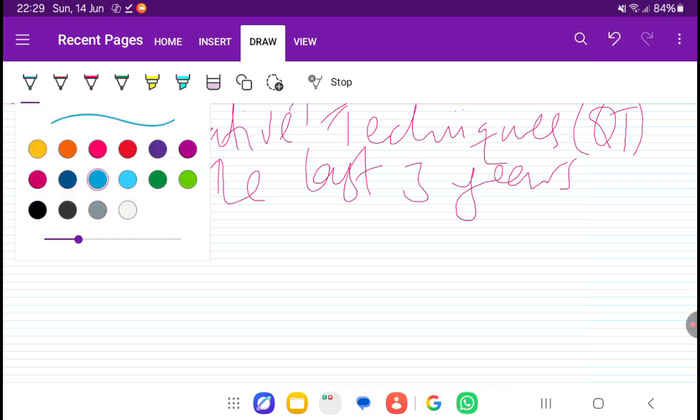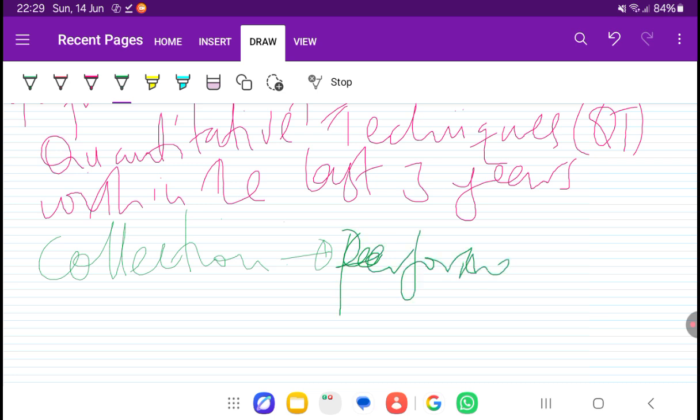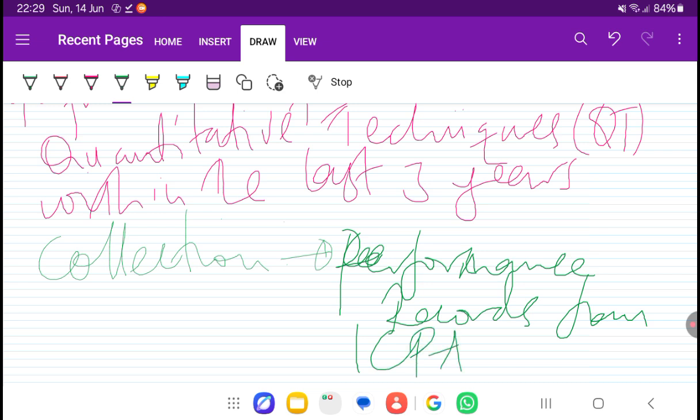So the first step of data collection is that the information we are going to be looking at is the performance records, and we are finding this information from the institute, from the ICPAU, Institute of Certified Public Accountants of Uganda. That's where we are going to collect the information.